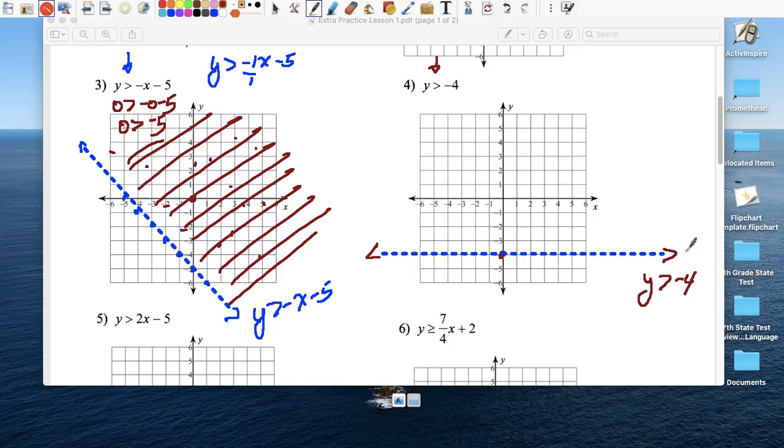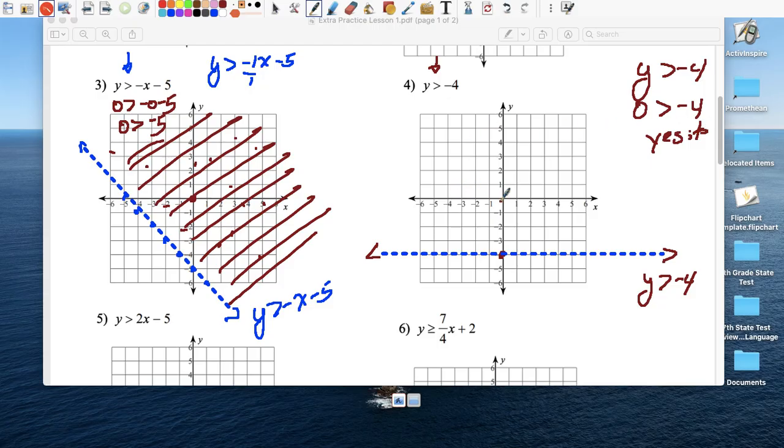So now we want y values that are greater than negative 4. Well, if you look at your y-axis, the y values that are greater than negative 4 obviously are above the line. So we're going to do a test point. So again, if you take this test point 0, 0, here's your inequality, and we replace y with 0. Is 0 greater than negative 4? Yes, it is.